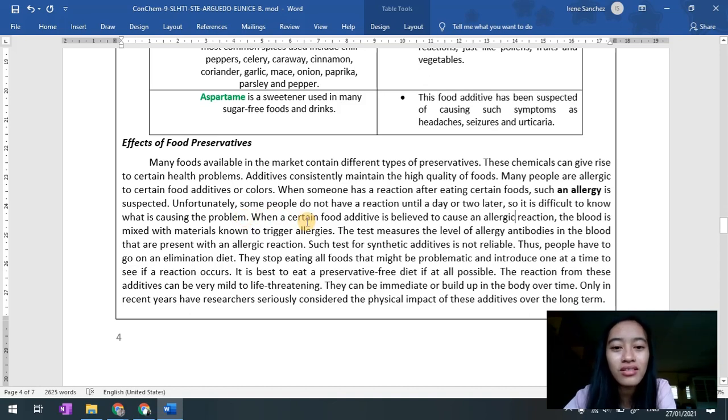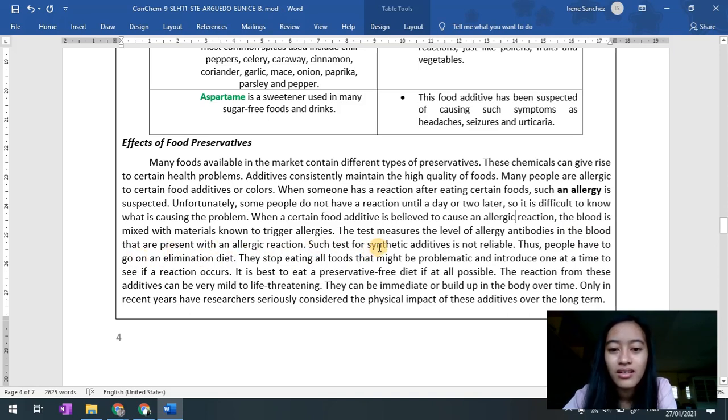So when a certain food additive is believed to cause that allergic reaction, the blood is mixed with materials known to trigger allergies. There's a test for this that measures the level of allergy antibodies in the blood that are present with an allergic reaction.